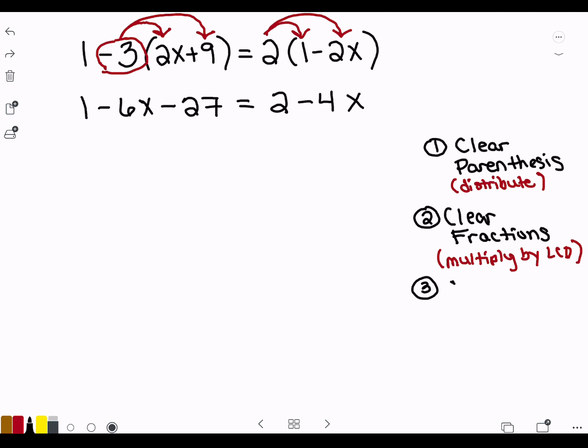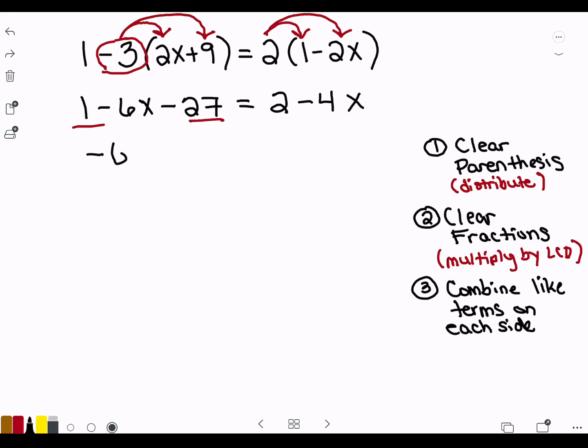So step 3, what you want to do now is combine any like terms. Now, when you are combining like terms, I mean combine like terms on each side of the equal sign. Don't jump over the equal sign yet. You just combine like terms on each side. So if you look on the left-hand side, you got a 1 and you got minus 27. Combine those together.